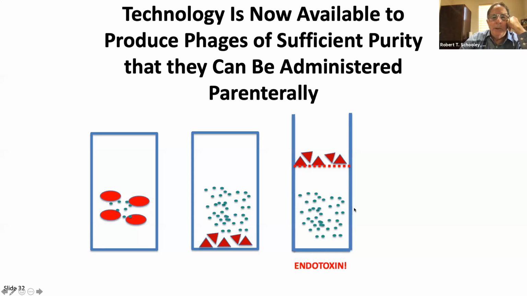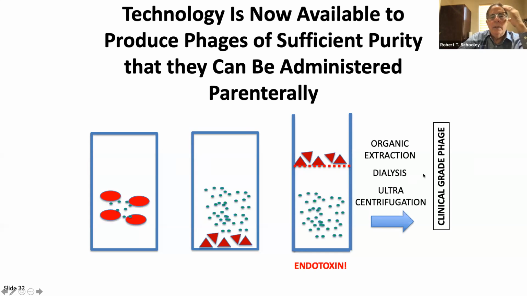At this point, you then have to purify the phage preparation by removing the endotoxin and other products by ultracentrifugation. You can band centrifuge the phages. You can dialyze away some of the contaminants, or you can use organic solvents to extract them.